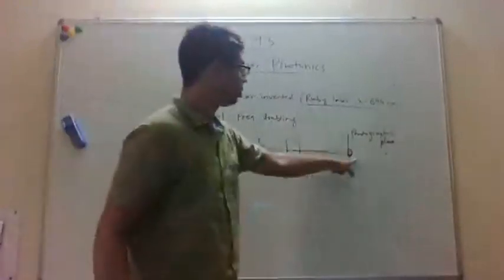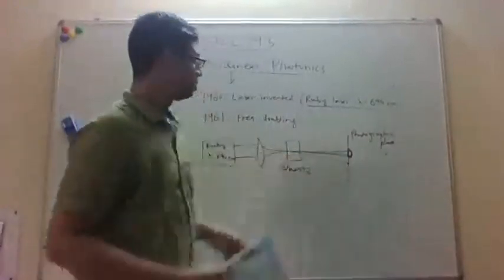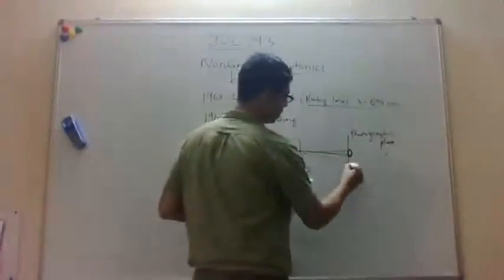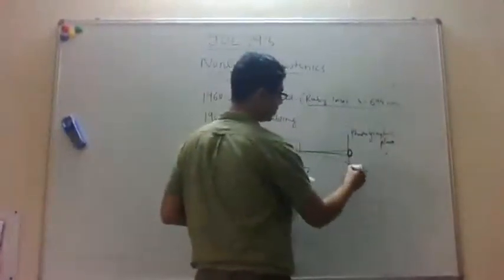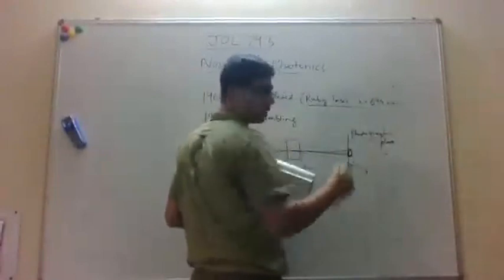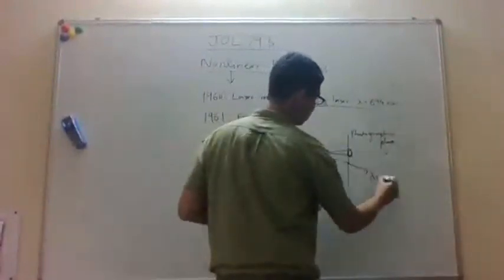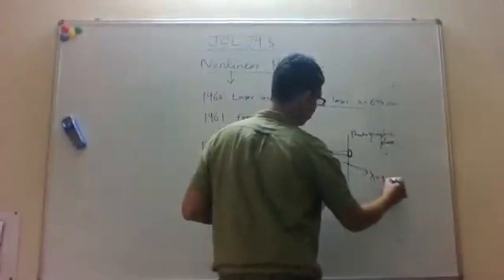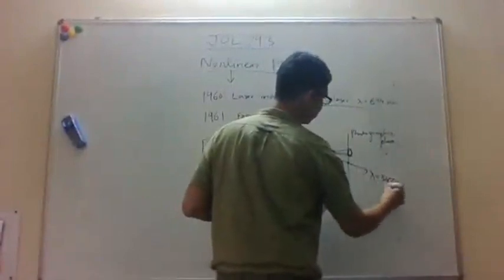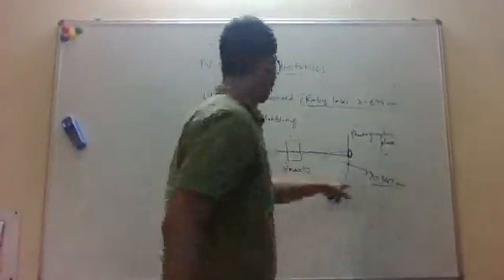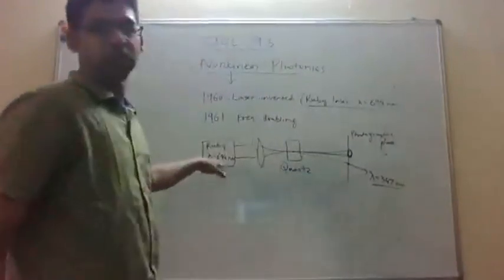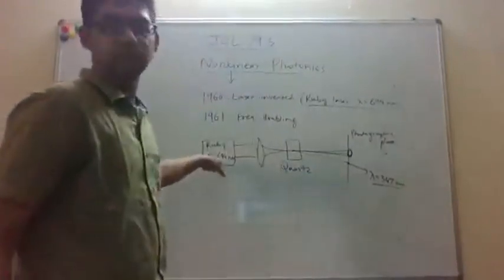If you send that to a spectrometer, for example, they measured the wavelength of that tiny faint spot to be 347 nanometer, which was exactly half of my input wavelength.